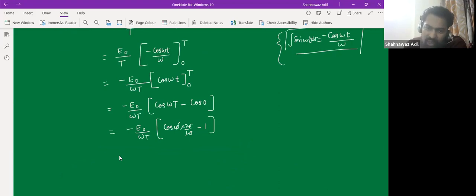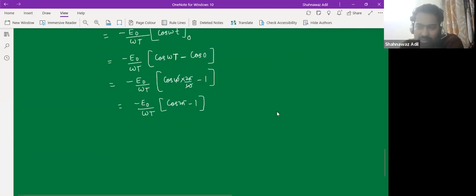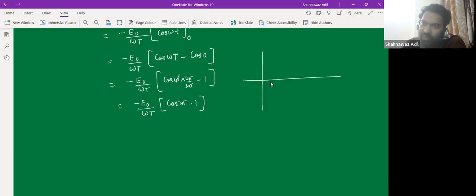So can you guys tell me what is the value of cos 2 pi? If you remember the variation of cos, let's say this is 0, this is 90, this is pi, this is 270, and then you have 2 pi.